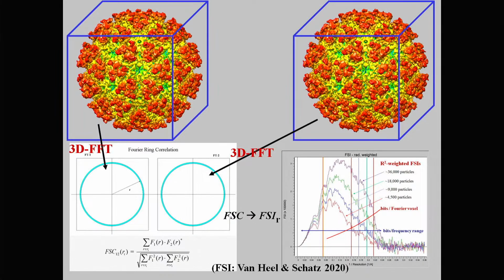If you have the things correct, you see that there is no information at low resolution. There is still a curve like the half-bit curve or the bit curve that's perfectly predictable. This is hand-drawn here, but nowadays it's already a curve. You see that depending on how many particles you add up, the information goes up. It doesn't really matter whether the resolution goes up or not.